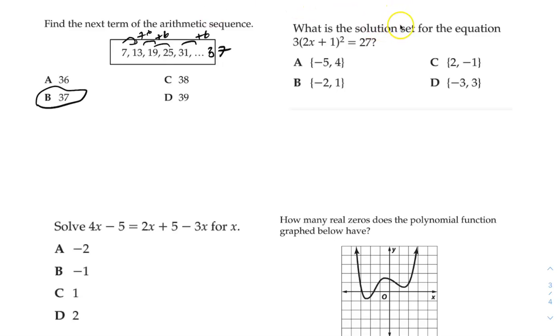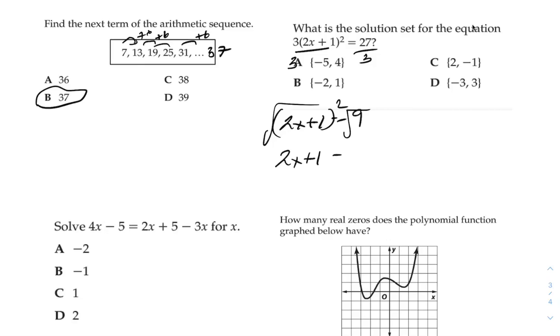Next one was a solution set for this equation. So to solve it, let's divide by 3. I get 2x plus 1 squared equals 9. Square root it. Now plus and minus, I almost forgot 2 answers.